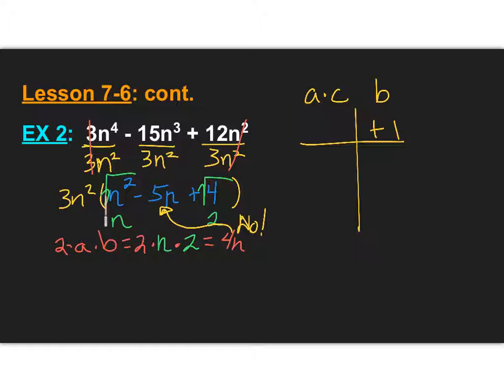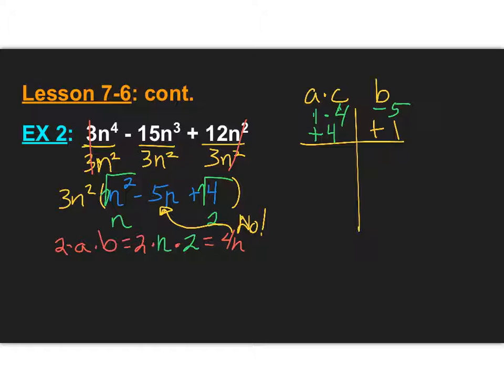So since there's no number in front, that's 1, and your c is 4. So 1 times 4, oh, gotta love technology, there we go, gives us a positive 4. Our b is our middle term, so that's negative 5.